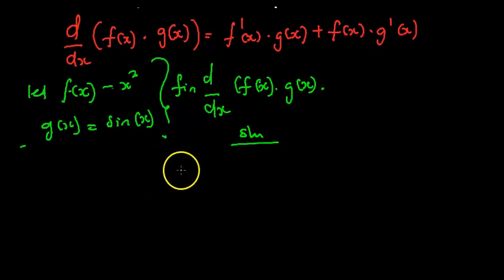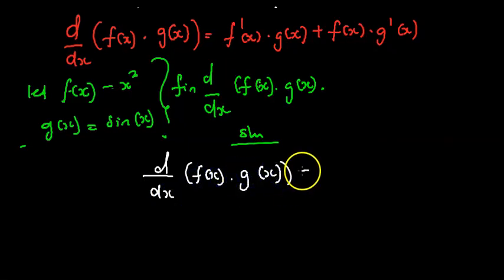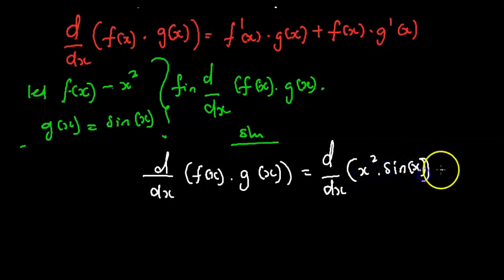In this case, d over dx of f of x multiplied by g of x is simply going to be d over dx of x squared multiplied by sine of x. And this is simply going to be 2x.